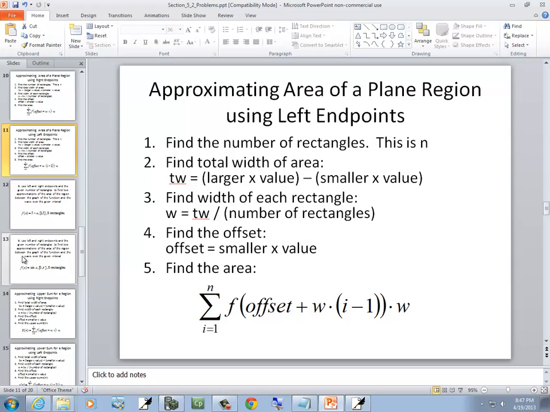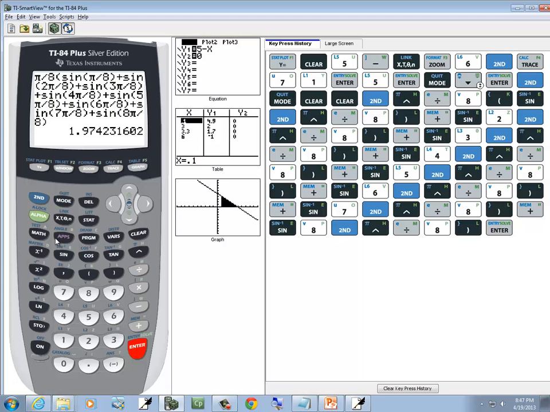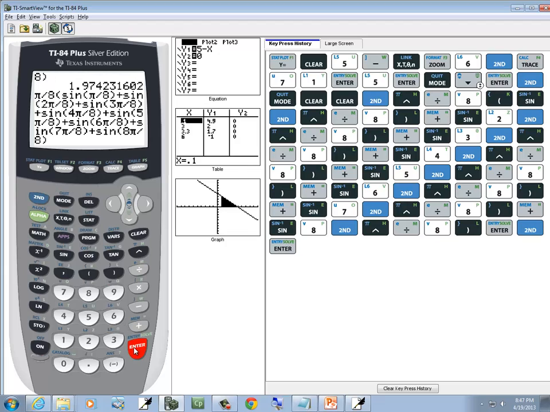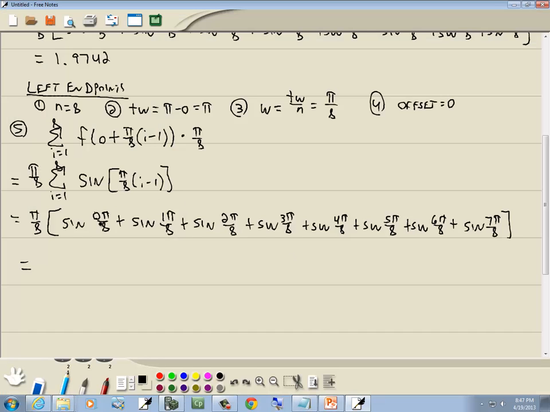I might be able to cheat here a little bit. Maybe. Let's see if I do second enter to bring up the previous entry. And our first one here is 0 pi over 8. 0 times pi is 0. 0 divided by 8 is 0. Sine of 0 is 0. So that doesn't matter.